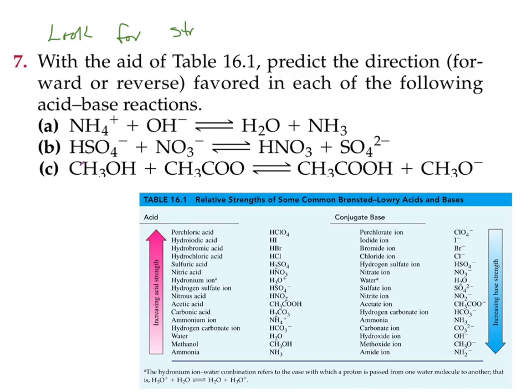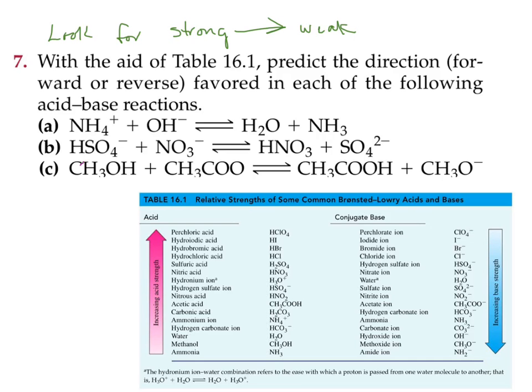So with this one, actually 7 and 8 are very similar. Notice you have the answers to 7 under doc sharing. It says use this table to predict whether these reactions will go from left to right, or will right to left be favored.